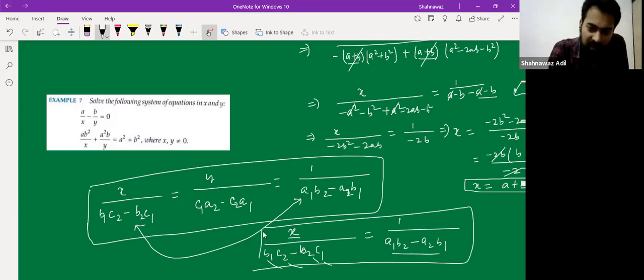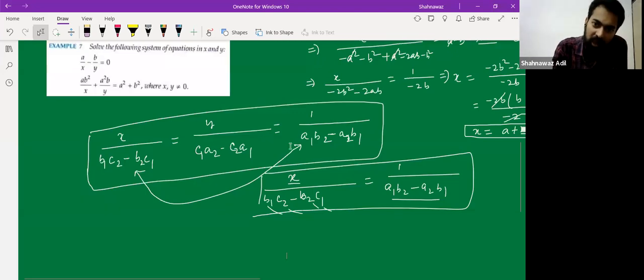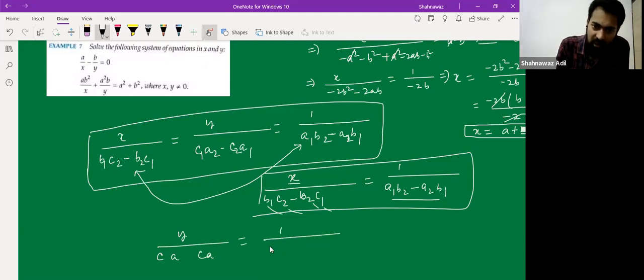Now, to calculate Y, we compare the second and the third part, right? So we will compare CA, CA, and this is AB, AB.